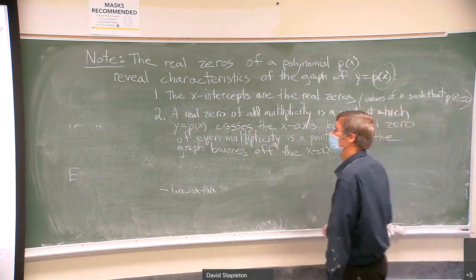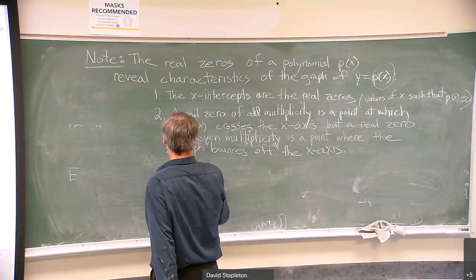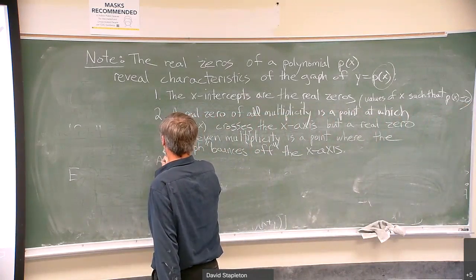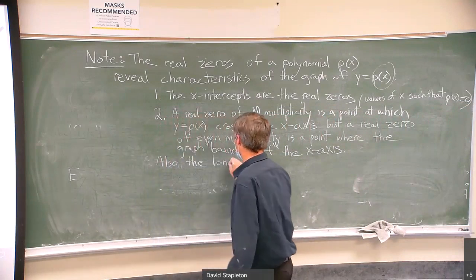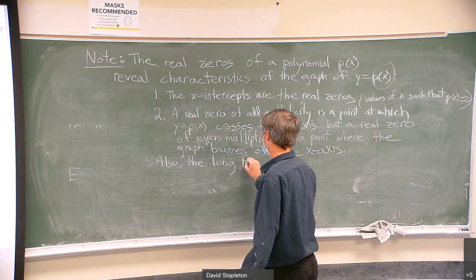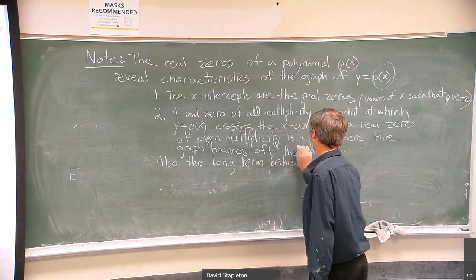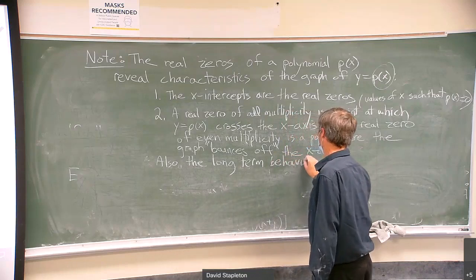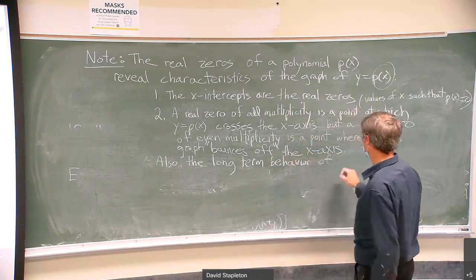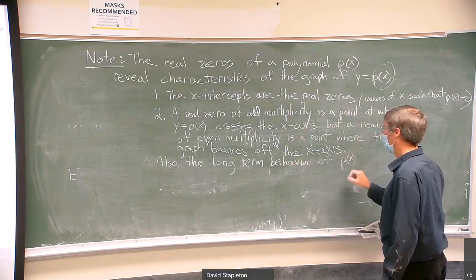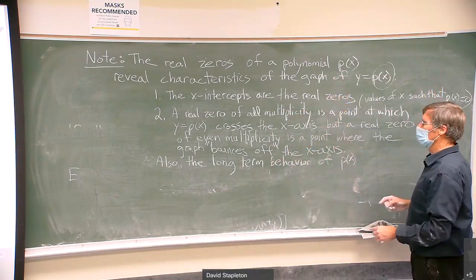And then also the long-term behavior, or in other books they call it the end behavior, of p of x is that of its leading term. If the leading term goes up on each side, then p of x does.